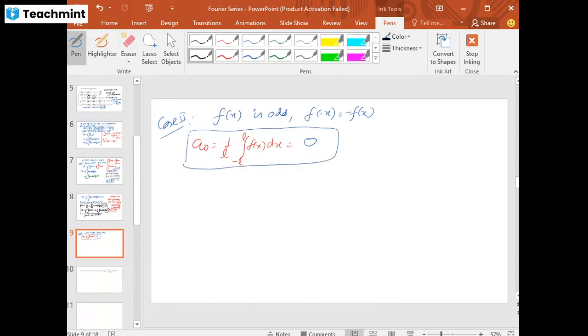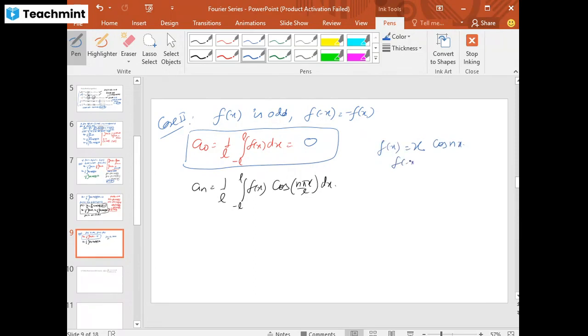What about the Fourier coefficient an? This is also 1 upon L, integral from minus L to L f of x into cos of n pi x upon L dx. Now f of x is odd, cos is an even function. For example, I consider x into cos nx. So x is an odd function, cos is an even function, right? So suppose that this is your function.